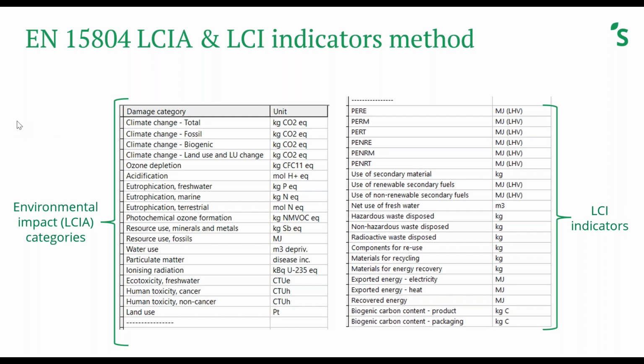Most of you will know that if you show them all and take them all as seriously as each other, there will be a kind of double counting. So the environmental impact categories, in my opinion, are the important ones, and the indicators are, like it says, indicators.